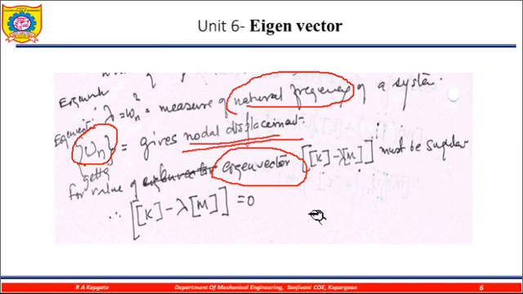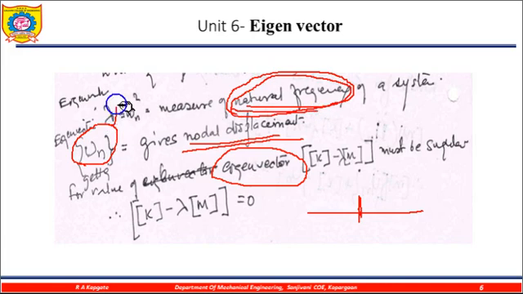So whenever any object is struck by anything, if I need to calculate the displacement, then my eigenvector tells me the displacement, and the natural frequency is denoted by lambda. So this is the eigenvalue and this is the eigenvector.